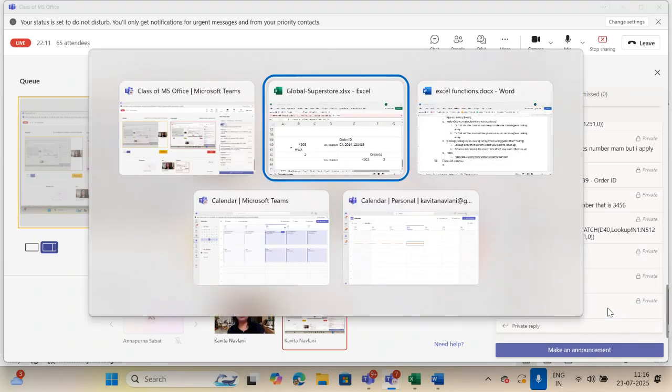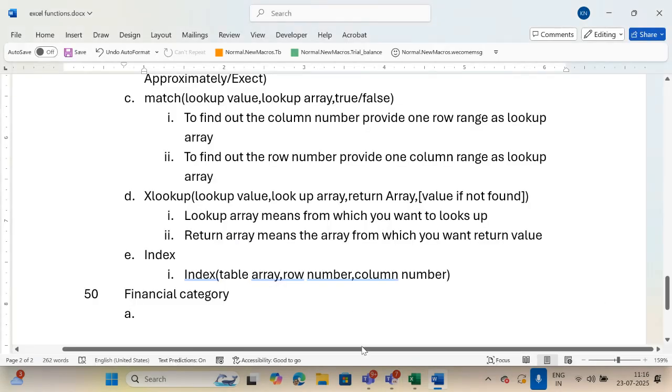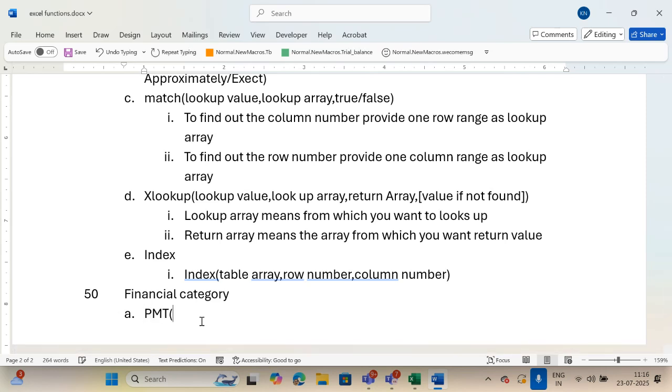Fine. So today, very important functions that fall under financial categories. The first is PMT. It is used to calculate the EMI. I am sure you all are aware of the EMI. What is EMI? Then the second function is IPMT, used to calculate the interest.